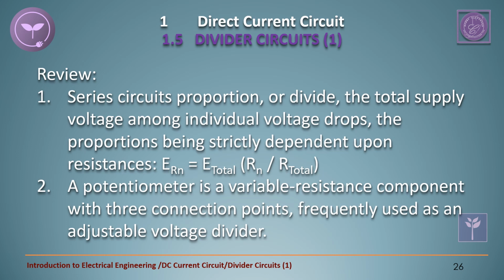This is all that we should learn in this video. Let's review the main points. Number 1. Series circuits proportion or divide the total supply voltage among individual voltage drops, the proportions being strictly dependent upon resistance: E_Rm equals E_total times Rm divided by R_total.